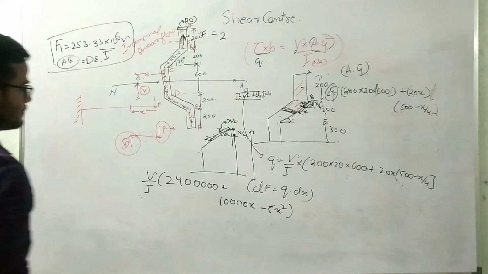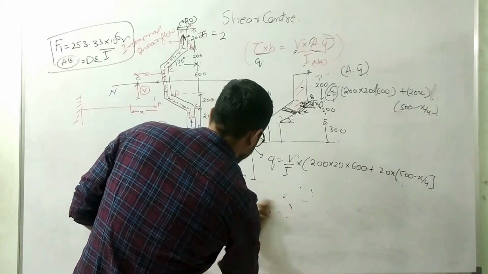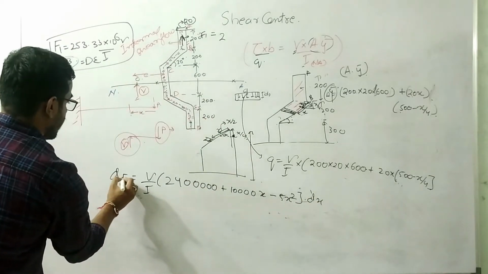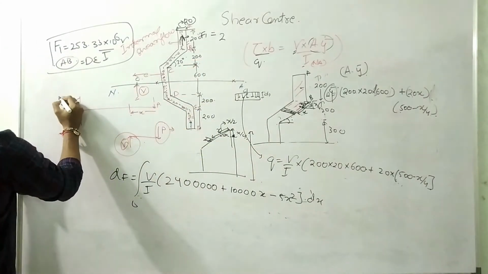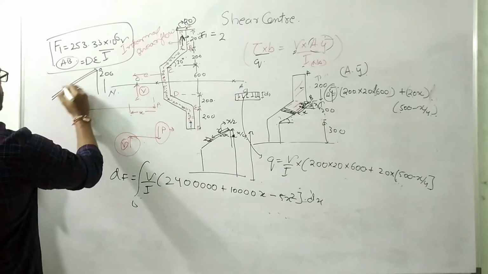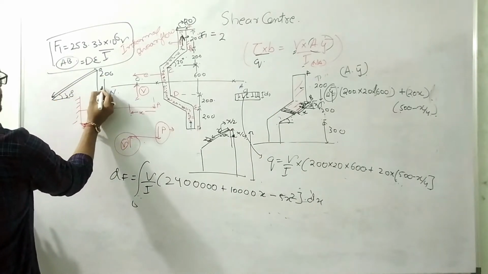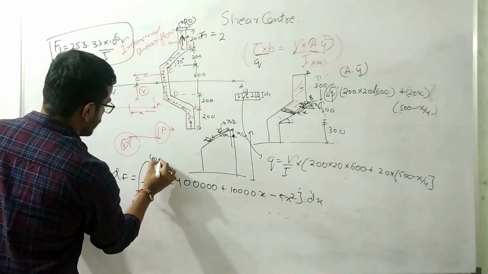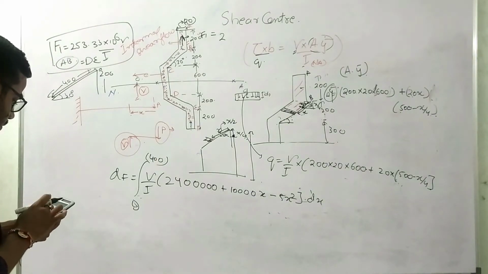Okay, so this is the value of this, and if I integrate this from 0 to 400. Why 0 to 400? Because this distance is 200, and the variation is along the inclined portion. This is 30 degrees and this is 200, so the inclined portion will be 400. Okay, so the integration will be 0 to 400.